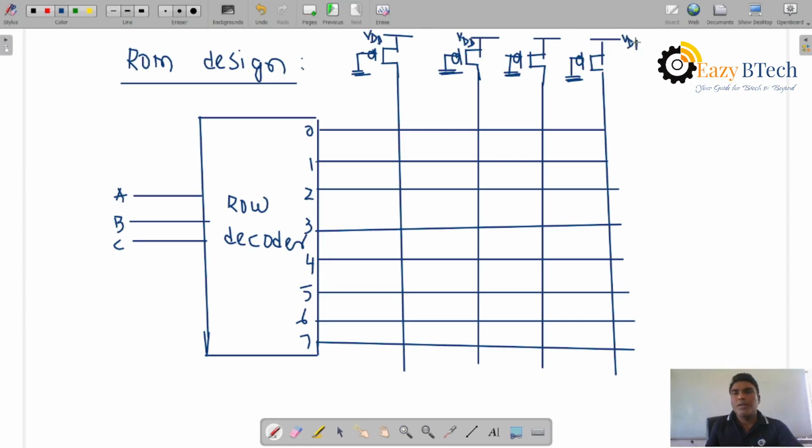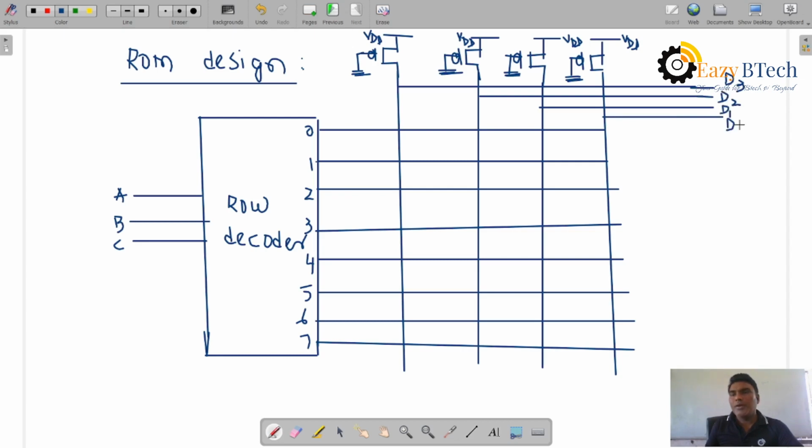Here the output lines we take are D3, D2, D1, and D0. So four outputs are here.